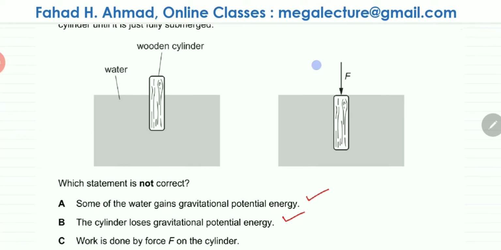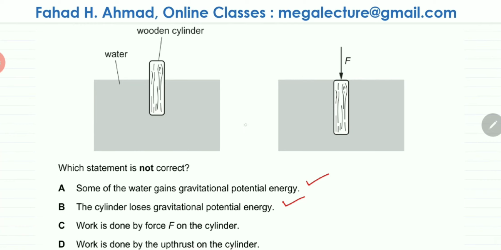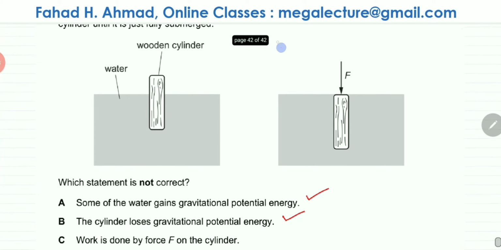Now let's read the third statement, option C, which is work is done by force F on the cylinder. Now that is obviously true because the cylinder is being pushed downwards by this force. The formula of work done is force into distance, and the distance moved is also in the same direction as the force.